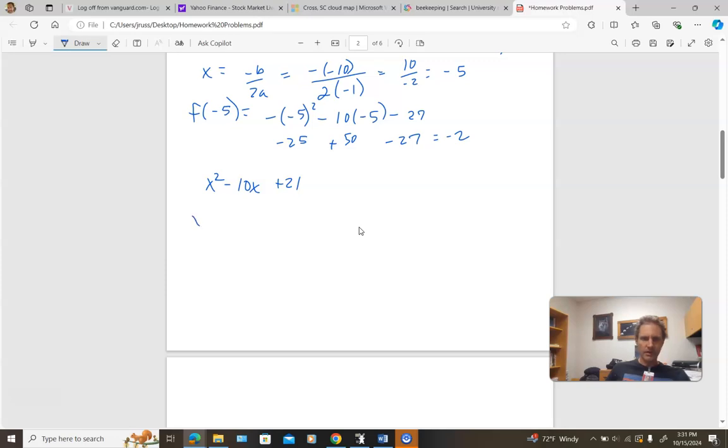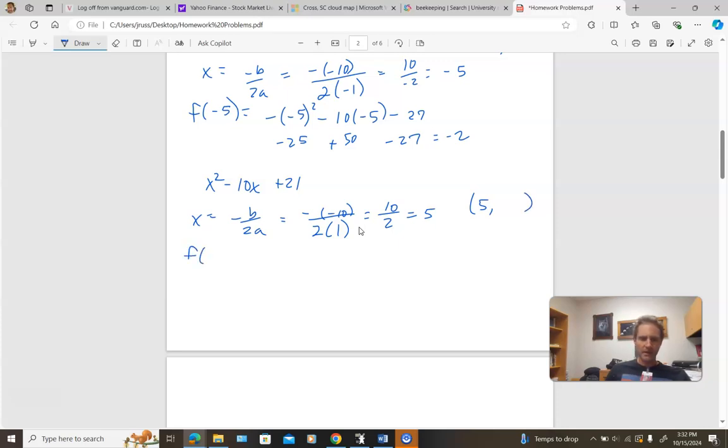Okay, so again, your x coordinate is going to come from -b over 2a. So negative b is another -10, coincidentally. And then 2 times a, that becomes a +10 over 2, which is a +5. So my x-coordinate here is a +5.